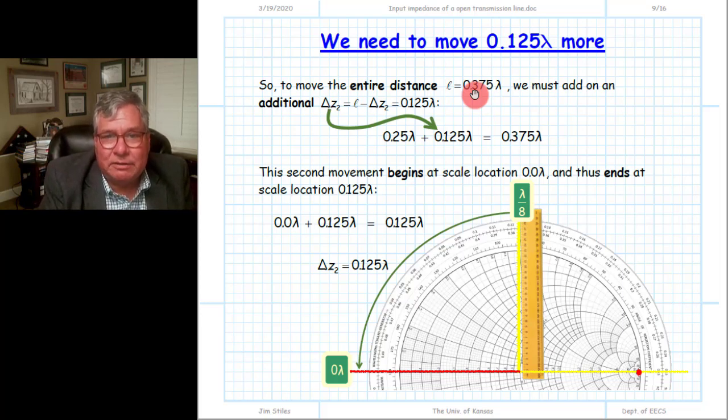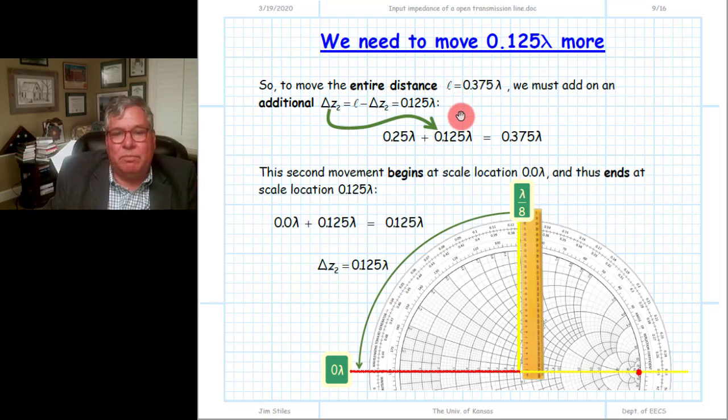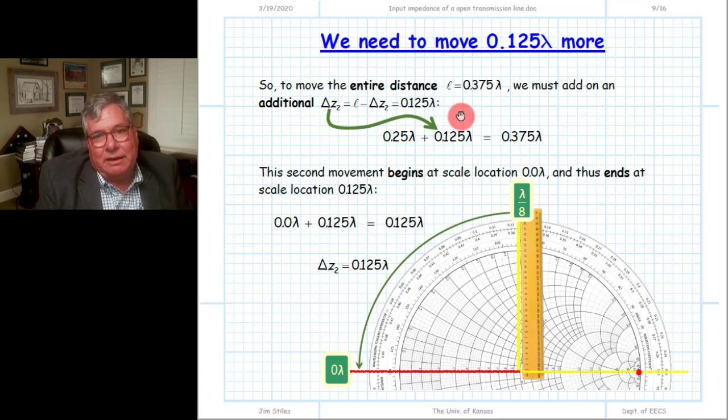The remainder that we must travel, if we need to go 0.375 and we've already traveled 0.25, we could take the difference between the length, 0.375, and the first delta, delta Z1, which is 0.25, and we find we have a remainder left of 0.125 lambda. We need to go 1/8 more of a wavelength before we end our journey.